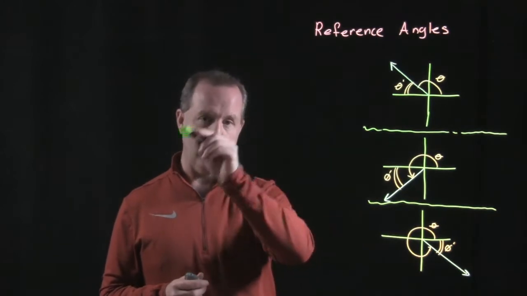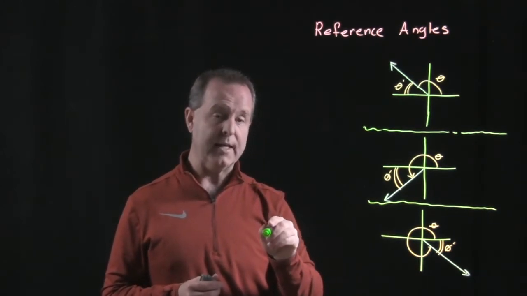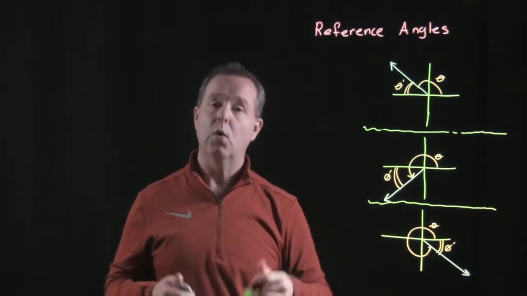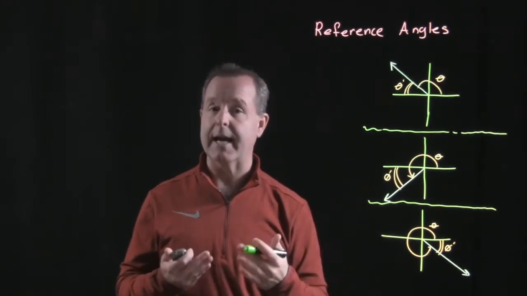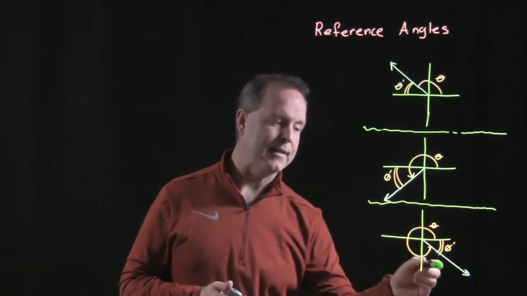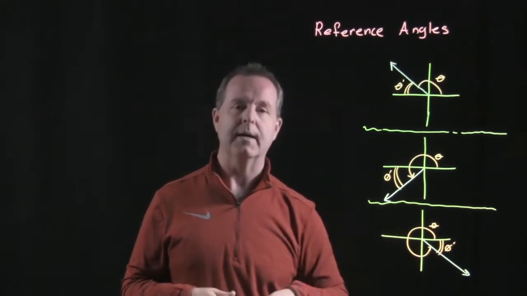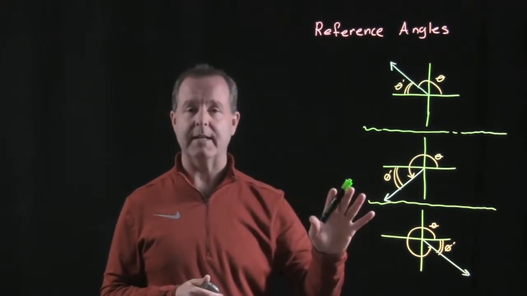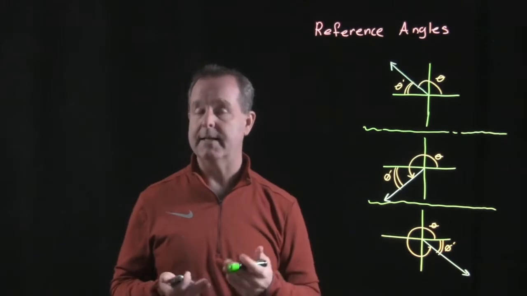You see it sweeps out all the way over past 270 degrees and less than 360 degrees. Its reference angle then is an angle that's less than 90 degrees, and we measure that by looking at its angle and the angle measured to the closest x-axis point. So notice that all of our reference angles are going to be less than 90 degrees.